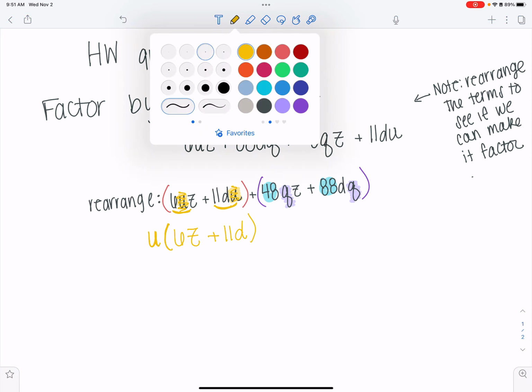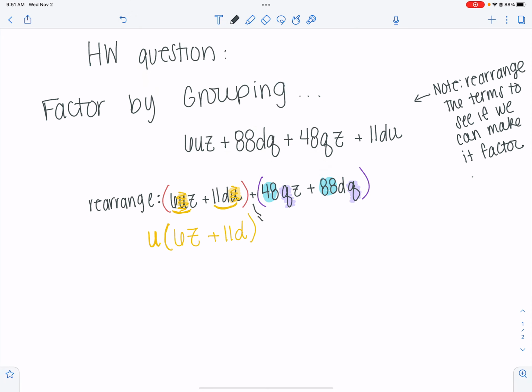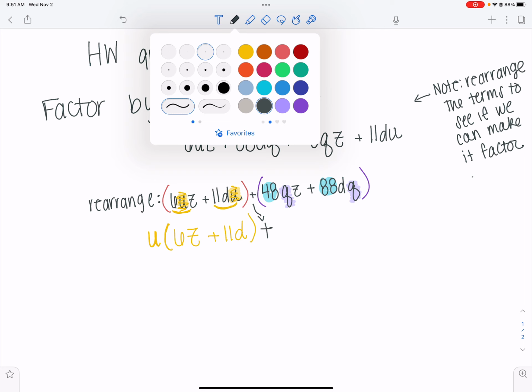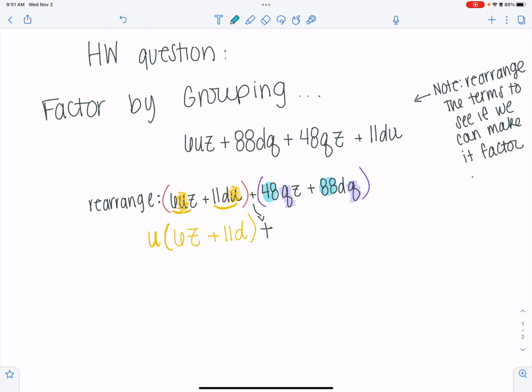Now this one, they do have a number and a letter in common. So 48 and 88 both have an 8 in common. And then qz and dq have a q in common. So what I'm going to do is divide out 8q.